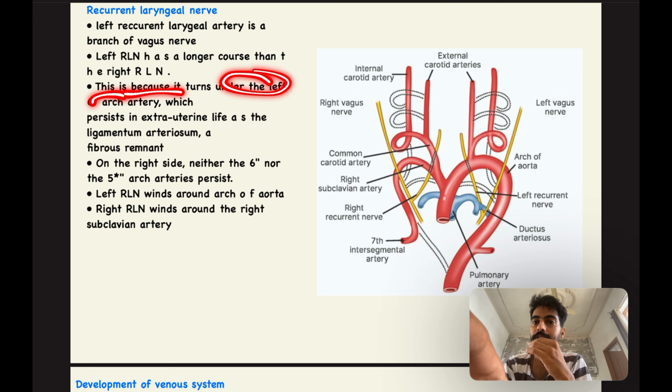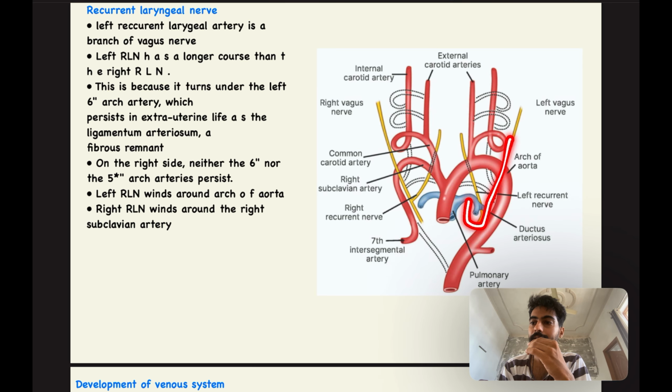This is because it turns under the left sixth arch artery. It is the left sixth arch artery which persists in extrauterine life as the ligamentum arteriosum, a fibrous element. On the right side, the sixth and fifth arch arteries don't persist, meaning both are obliterated, so it needs less winding.